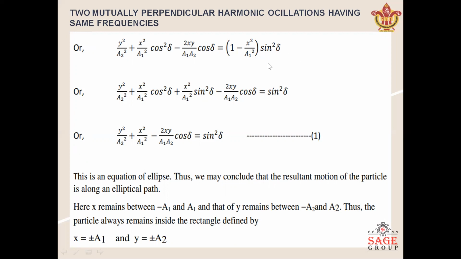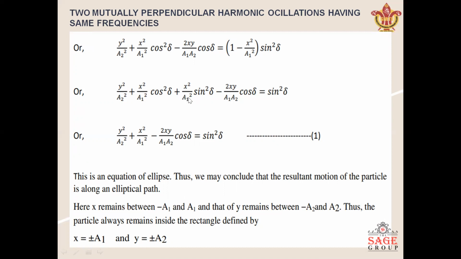Now by rearranging the equation, we can also write this equation like this, where y square upon A2 square plus x square upon A1 square cos square delta plus x square upon A1 square sine square delta minus 2xy upon A1 A2 into cos delta is equal to sine square delta. Now we can take x square upon A1 square common from these two terms.